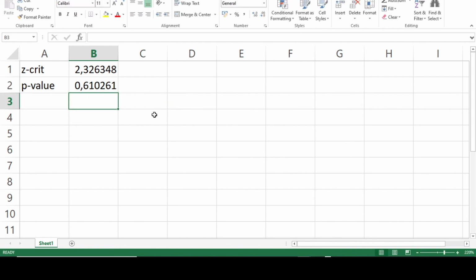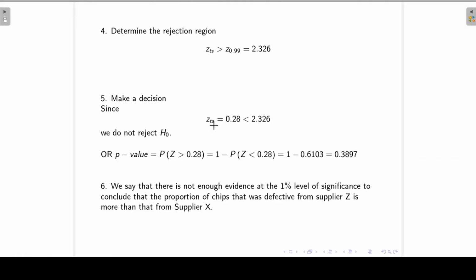So this is the area to the left of my observed test statistic value. So to get the area to the right of my observed test statistic value, I will subtract this probability from 1, and that is my p-value, 0.3897. And you can compare that with what we have on this slide.